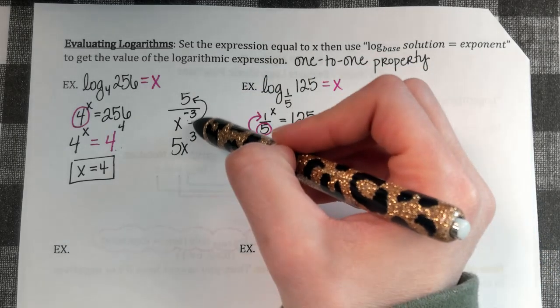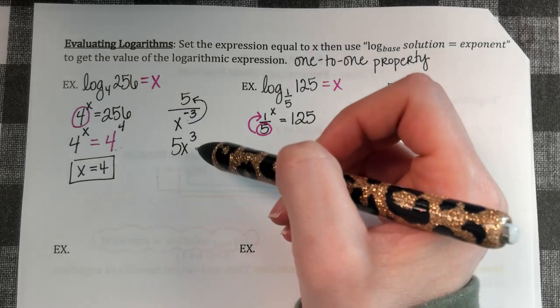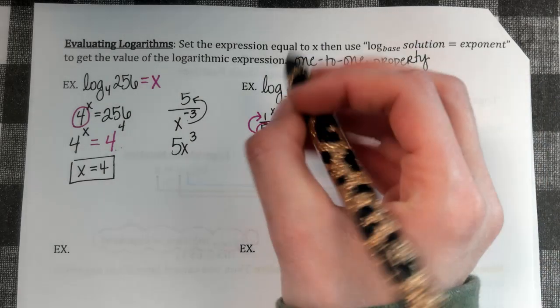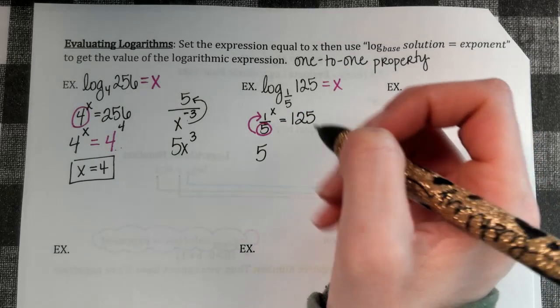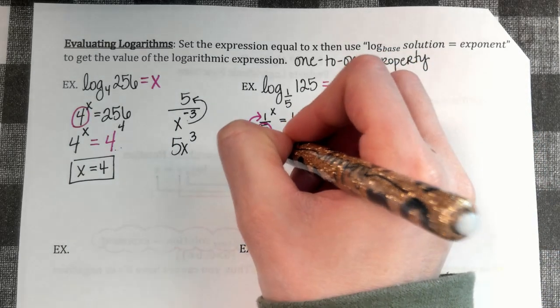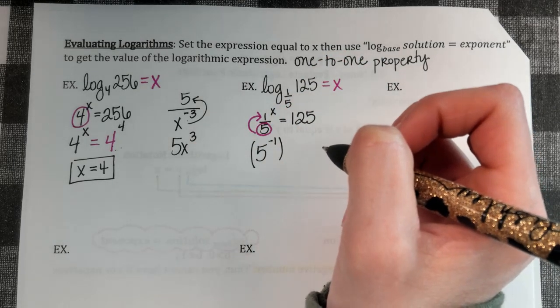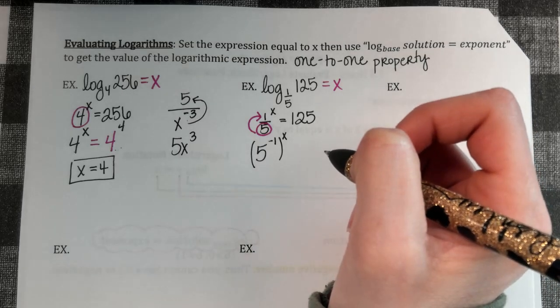We knew that a negative exponent needed to be moved, and when you moved it, it became positive. So we're going in the reverse way. I have a 5 in my denominator. I want it to become just a 5. So I'm going to create a negative exponent because 5 to the negative 1 is 1/5. And then I have x as my outer exponent.